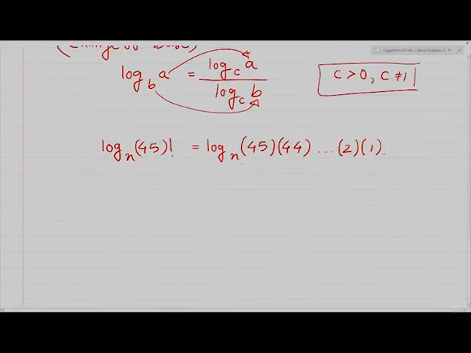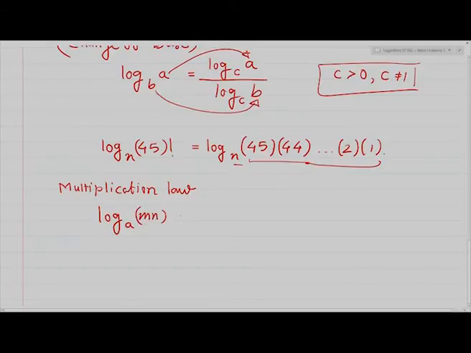Now I have log to the same base, and I have all the things multiplied together, right. So which rule will help me? It is the multiplication rule that will help me. What does the multiplication law state? If I have log to the base a of m into n, then this is equal to log to the base a of m plus log to the base a of n.